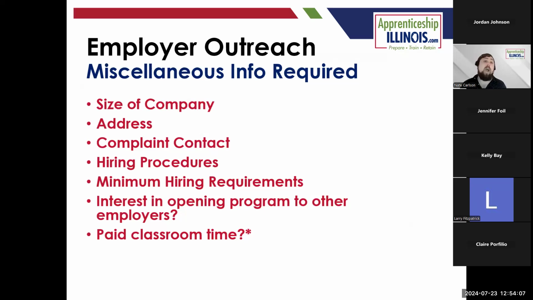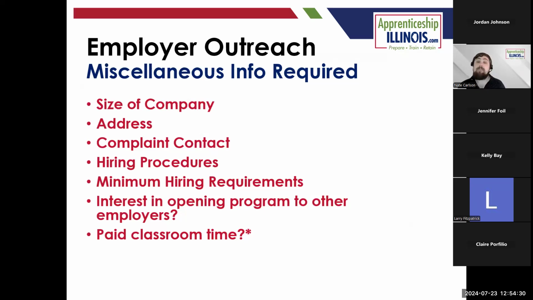And so in terms of how employers compensate for classroom time, employers do it differently based on the occupation, based on their practices. Some employers will provide a cash or travel stipend for apprentices who need travel compensated, because in some areas it could be a half hour, 45-minute drive to the training provider.